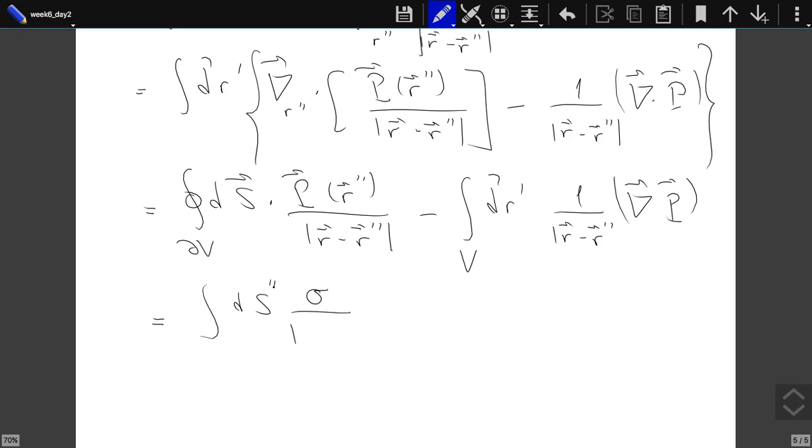Let's say the surface coordinates are r double prime, sigma at r double prime divided by |r minus r double prime|.